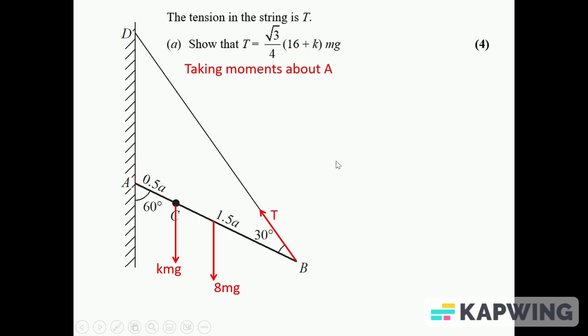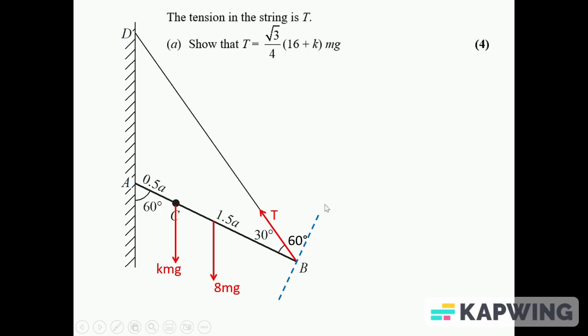So taking moments about A, the tension in the string is trying to make the rod turn anti-clockwise, and the weight of the rod and that extra weight are trying to make it turn clockwise. I'm going to draw some perpendicular lines to the rod, and that angle is 60 degrees.